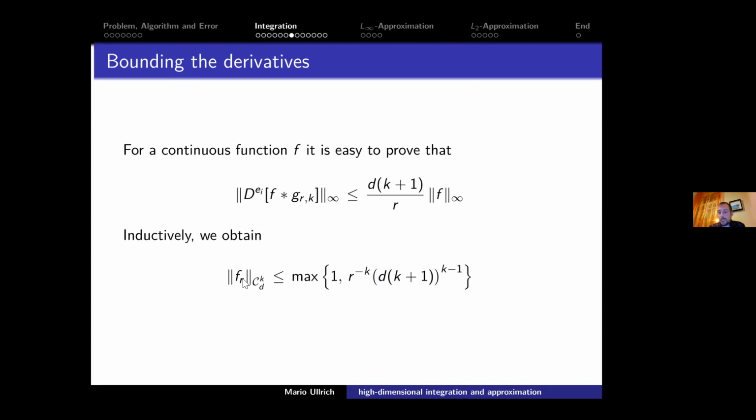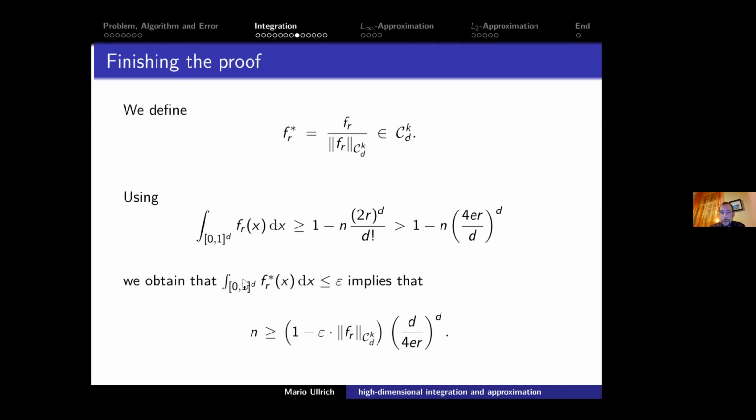And if we now choose r in the way we want to, that's precisely what happens here, then we get what we want. So we have a function in our class which is 0 close to every point of our point set and whose integral is very large. With very large, I mean close to 1. Since the function is bounded by 1, the supremum norm integral can be at most 1.